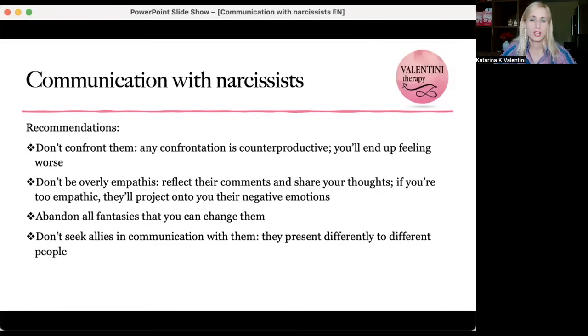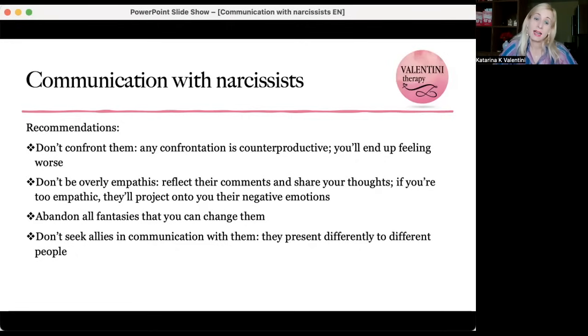People can only change if they wish to change. Perhaps you have the best chance of changing somebody's behavior by changing your own behavior, by starting to respond to your narcissist's behavior in a different way, by not engaging in their power struggle, by not playing their games, by not falling into the trap they are setting.